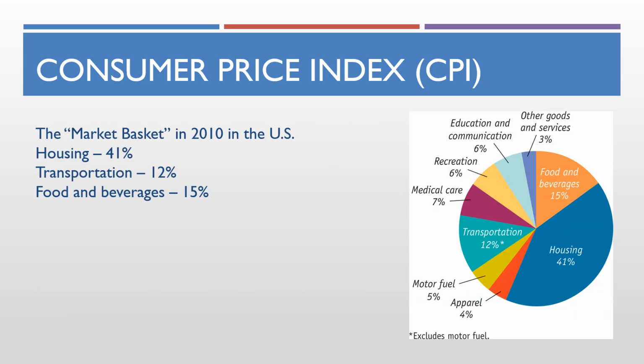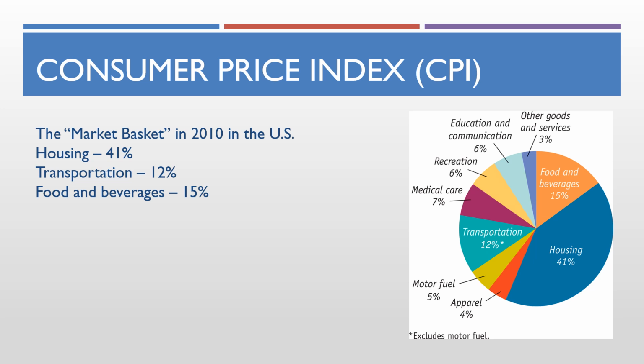Well, first, let's think about the market baskets that we use in the United States in 2010. If we look at the pie chart right here, the majority of the goods and services that we include in the theoretical market basket are housing, transportation, food and beverages.